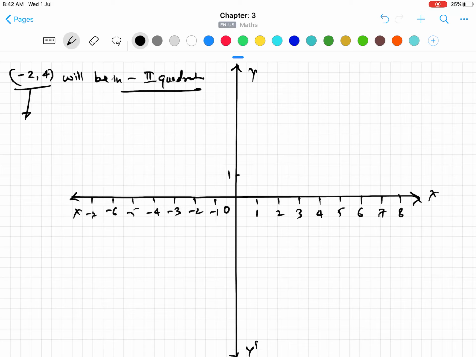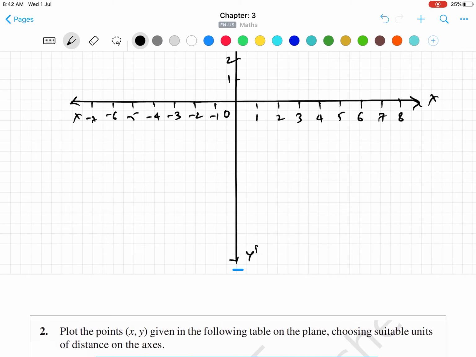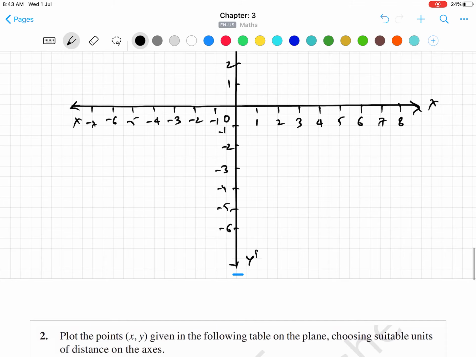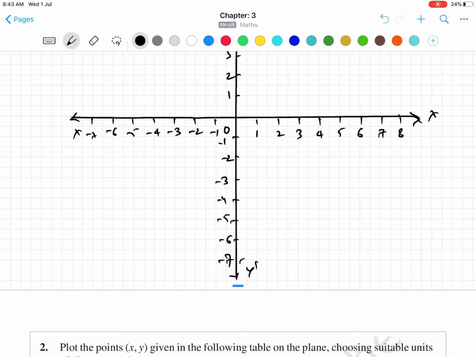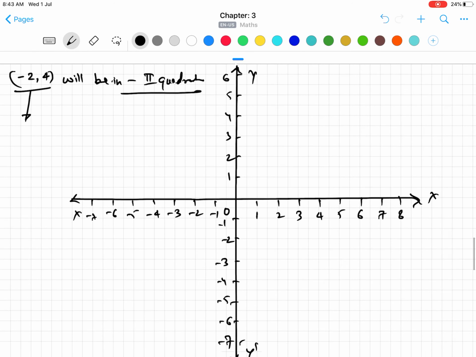On the upward side we have 1, 2, 3, 4, 5 and 6. On the downward side we have -1, -2, -3, -4, -5, -6 and -7.